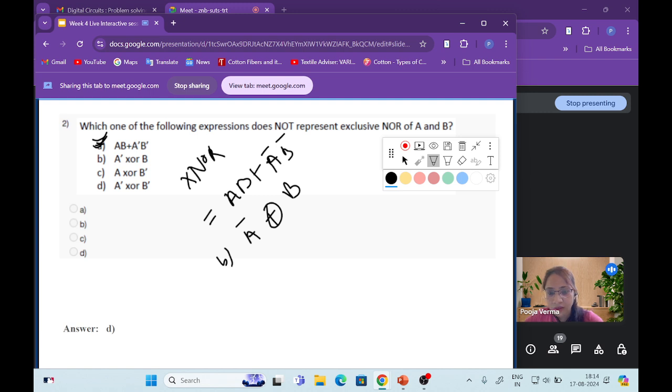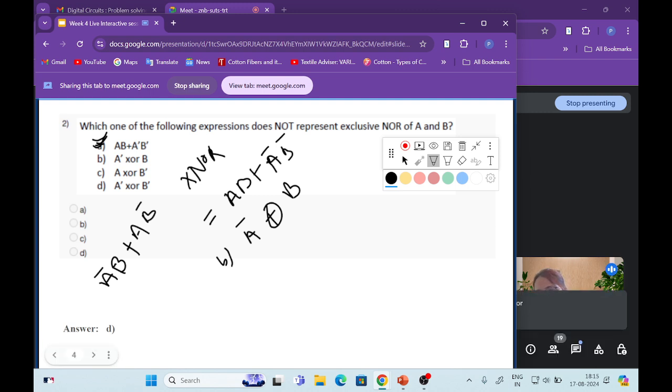First we need to write what the XOR gate is. A XOR B I am writing here as A dash B plus A B dash, right? A XOR B is represented by this one.